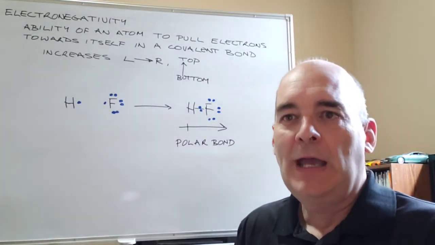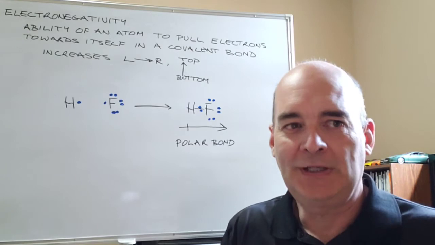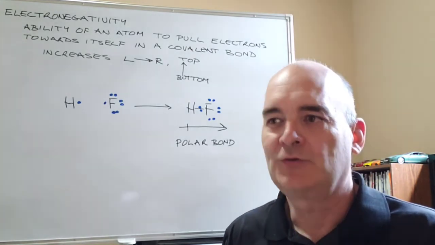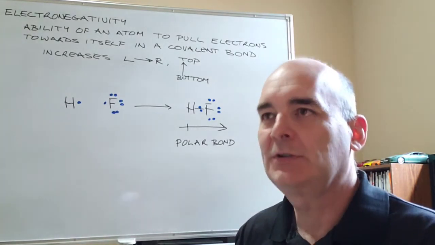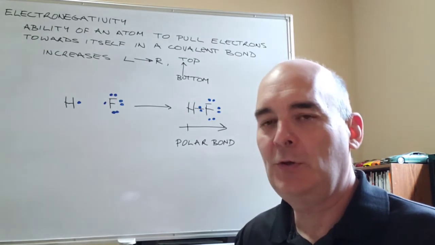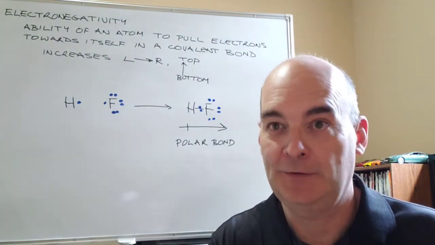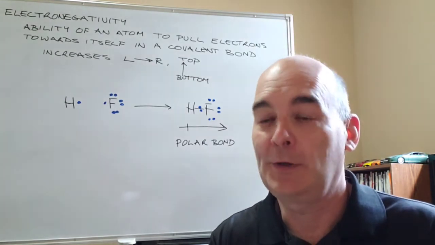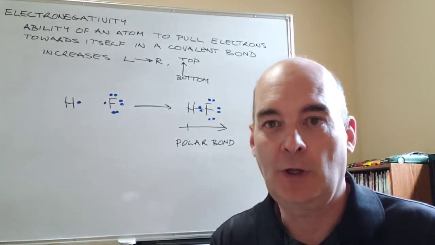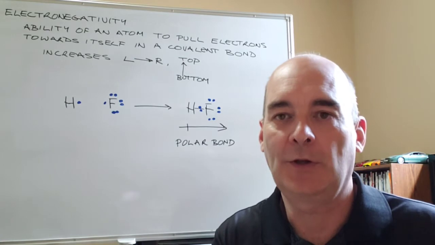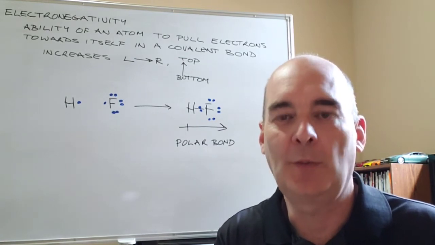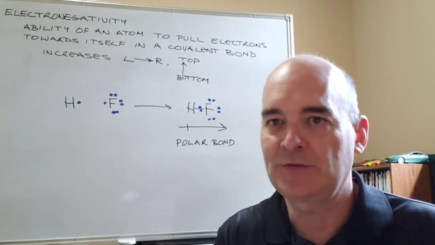Now, having a polar bond inside a molecule drastically changes the molecule's position in the world, because oil and water don't mix. Oil is a non-polar molecule, water is a polar molecule, and like dissolves like.